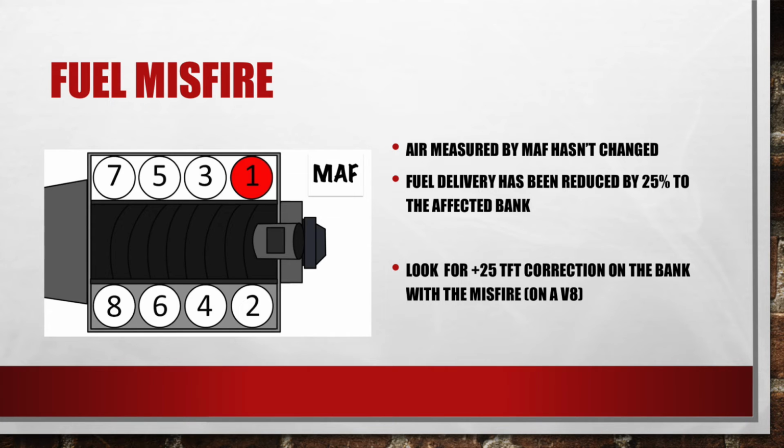And the air is supposed to get all of that fuel in order to combust correctly, right? To have the right air-fuel mixture. So essentially, we shorted the air by 25%. You with me? 4 cylinders, 100 divided by 4, 25% is what cylinder 1 represents.